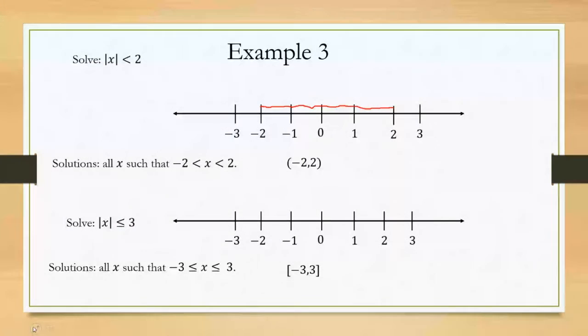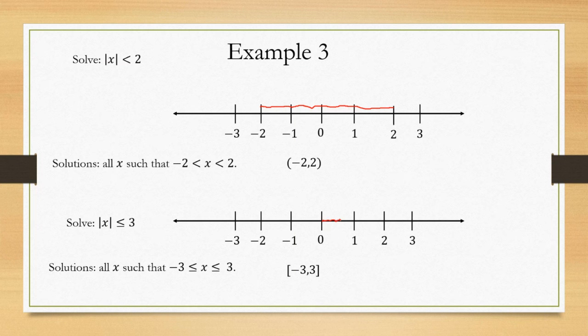What about here? It's the same idea, except now instead of 2, we have 3, and we don't have strict inequality, we have just inequality. So from here, right, we're at 0, we want all numbers whose absolute value is less than or equal to 3. Well, we're at 0, right?